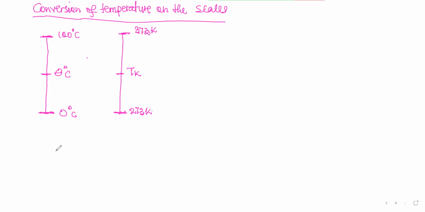Whenever you want to convert from one to the other, the unknown temperature or this given temperature, theta, minus the lower fixed point, divided by the upper fixed point minus the lower fixed point.